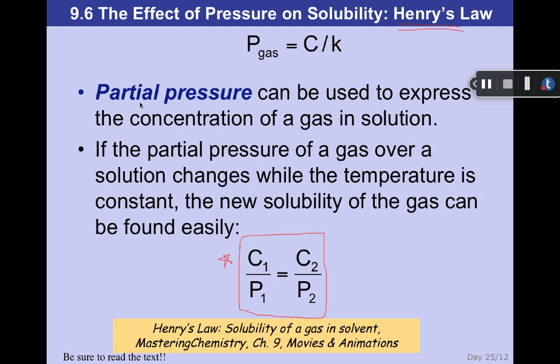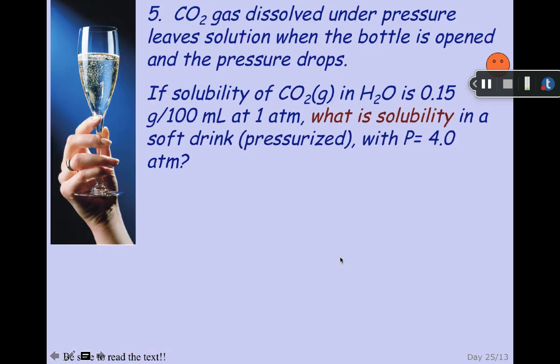So the partial pressure is related to the concentration. We'll describe solubility as C, or concentration, and P for pressure, with one set of conditions being related to a concentration and pressure at a second set of conditions. This is rather straightforward as long as you pay attention to which one is the first and the second, just like we had to do when we were doing gas law calculations in Chapter 8.